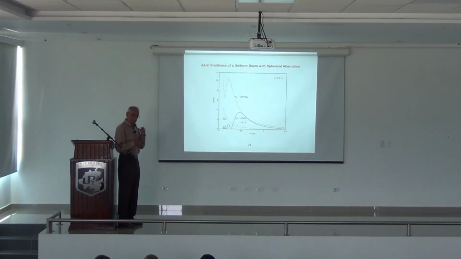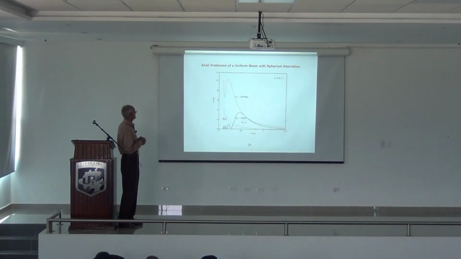If, as I change the value of defocus aberration, I continuously change the value of the spherical aberration so that it minimizes the sigma value, this is what the axial irradiance is.